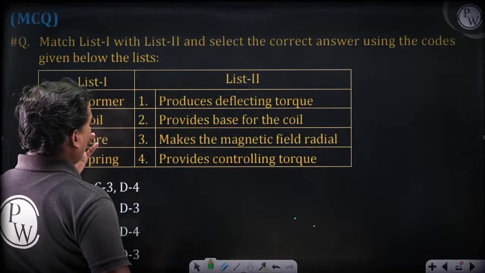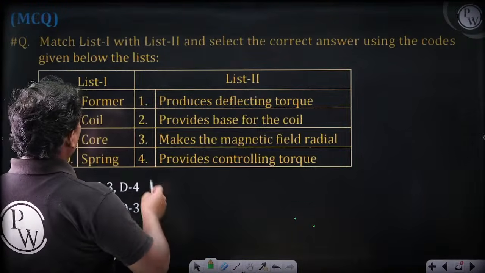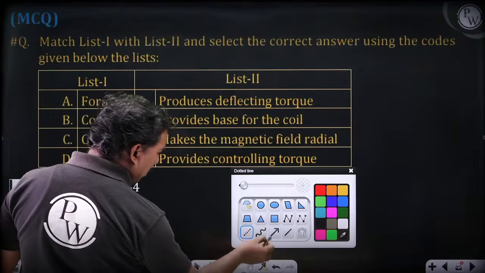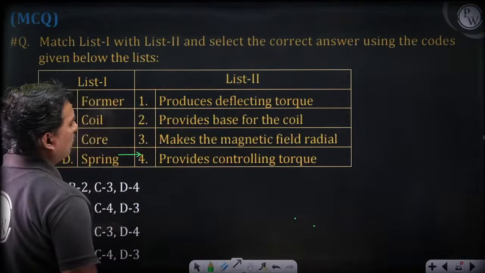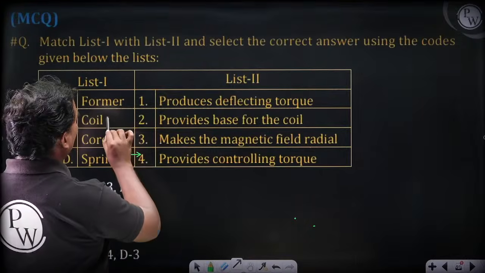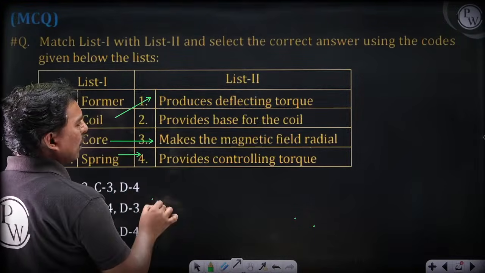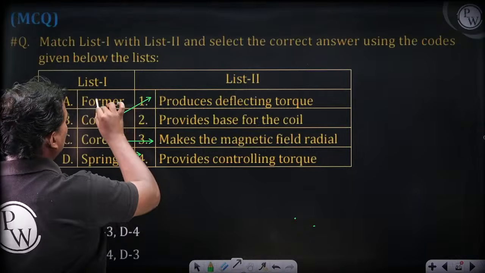So what does the spring provide? The spring provides the controlling torque. In PMMC, the spring provides the controlling torque and the coil provides the deflecting torque. Okay, na? And the core makes the magnetic field radial, the former makes the base for the coil.